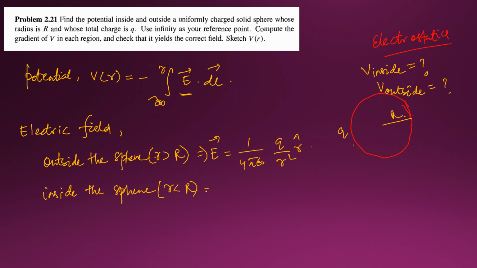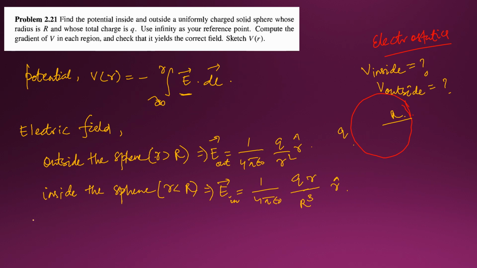E is equal to 1 by 4 pi epsilon naught q by R cube into the distance r, r cap. Now we can put these values in the potential formula and we will get the potential inside and outside a uniformly charged sphere.